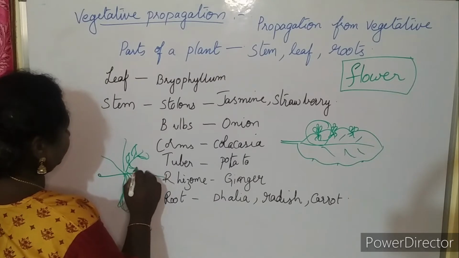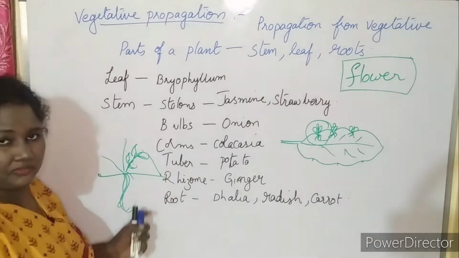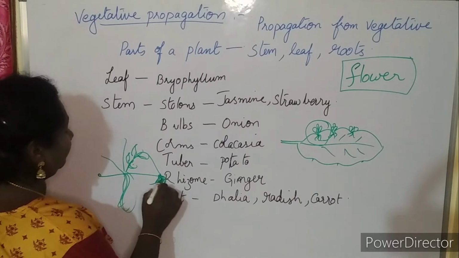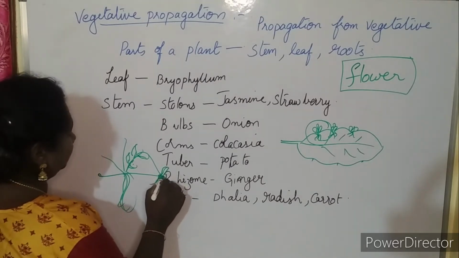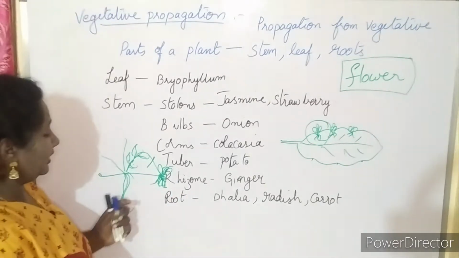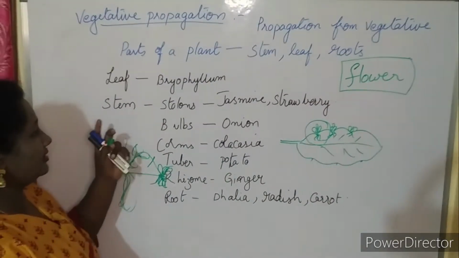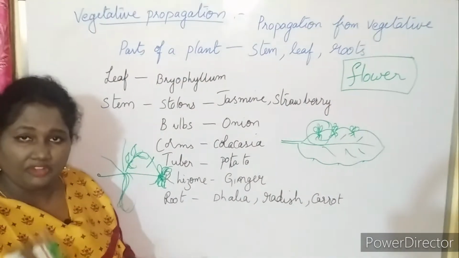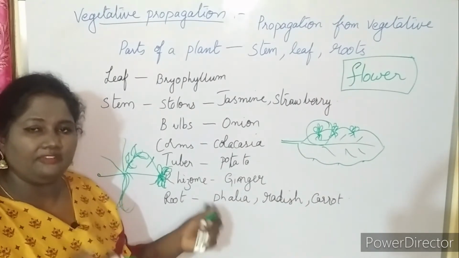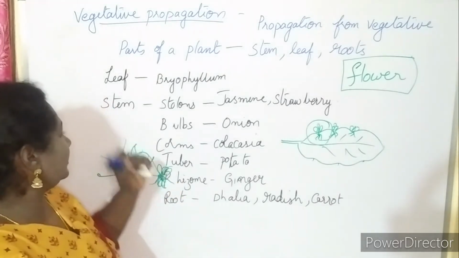In jasmine, if any weaker stem touches the soil, adventitious roots are formed and new leaflets are also formed. If we cut the connection with the parent plant, this small plant also becomes a new plant. So in stem propagation, the weaker stems have contact with the soil, adventitious roots are formed, and it grows into a new plant.